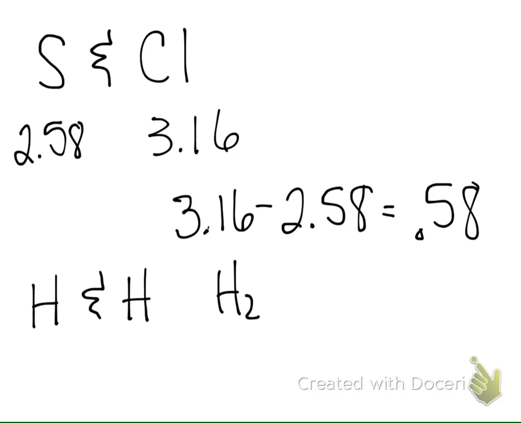No. It's 0. If we're looking at a bond between two of the same atom, they're obviously going to want the electrons just as badly as the other one, right? It's the same element. It's going to be nonpolar, because they're pulling electrons at the same magnitude in equal directions.